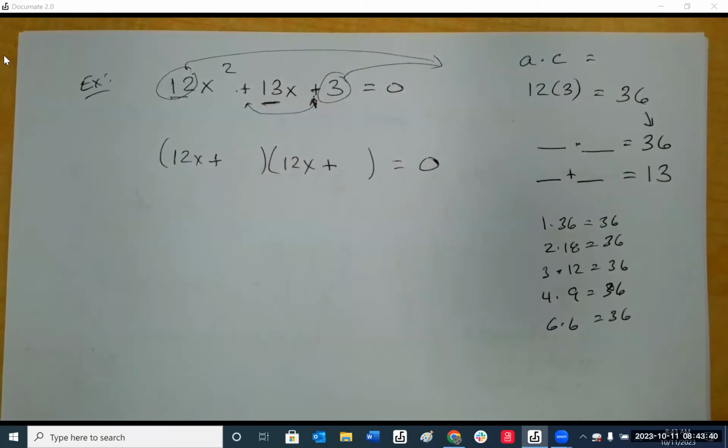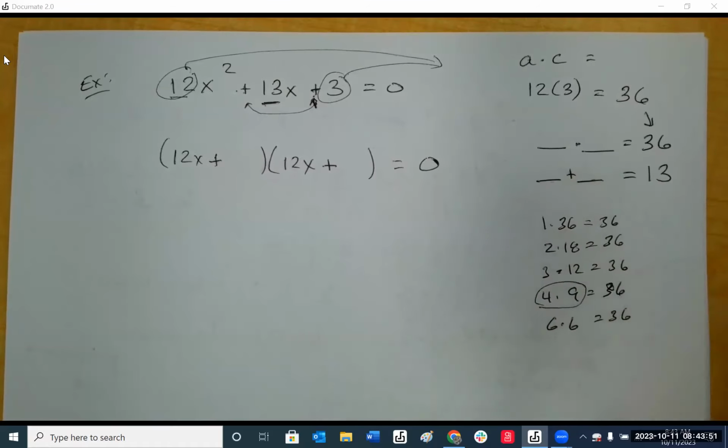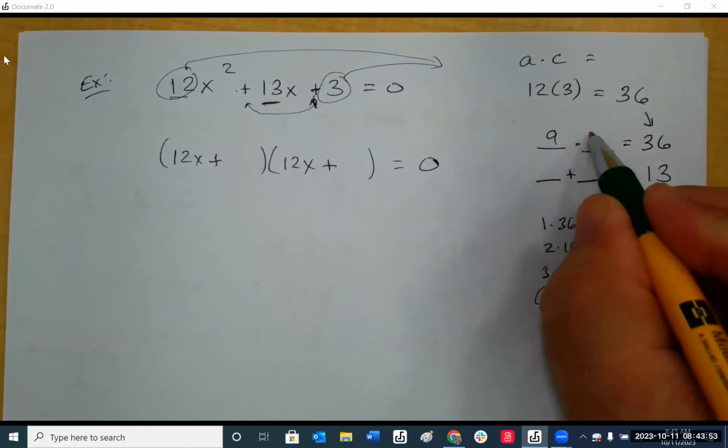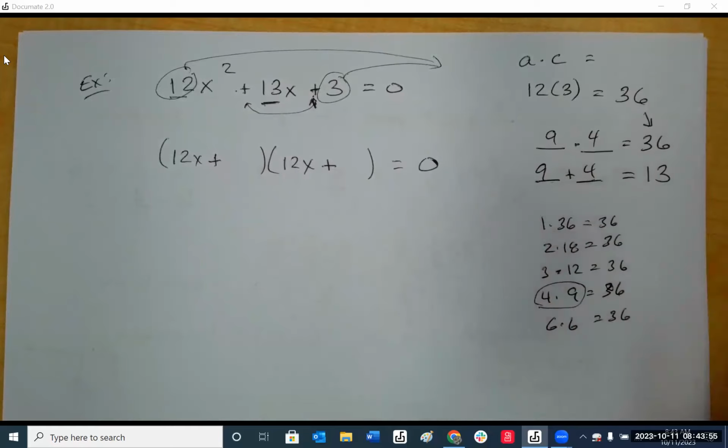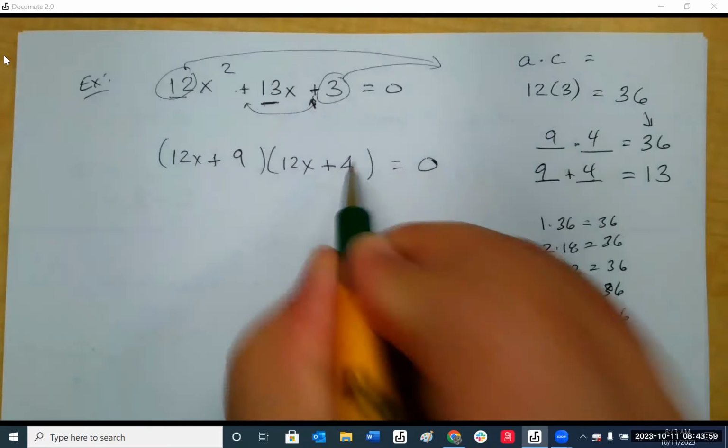And that's it. Yeah, 4 times 9 is 36. When we add them, 4 plus 9 is 13. So it's 9 times 4, 9 plus 4. So we know that 9 and 4 go in here.